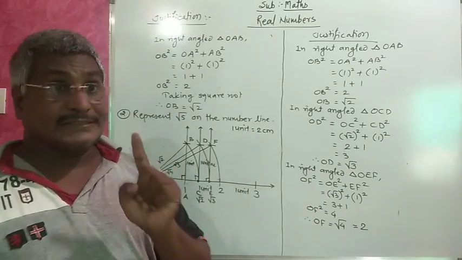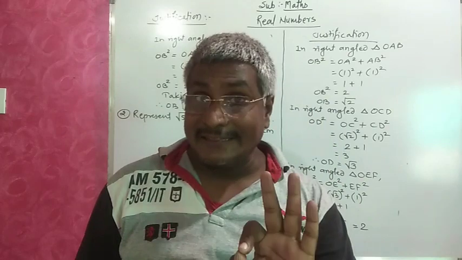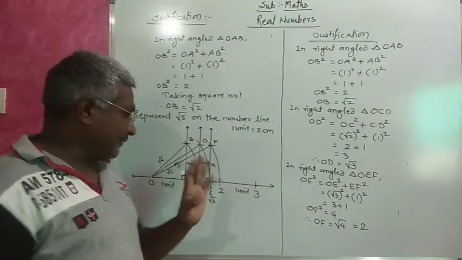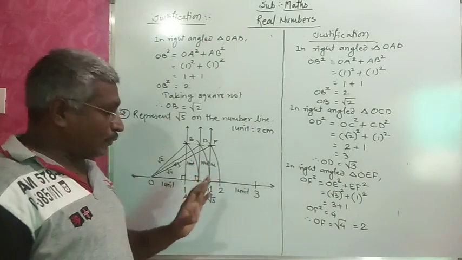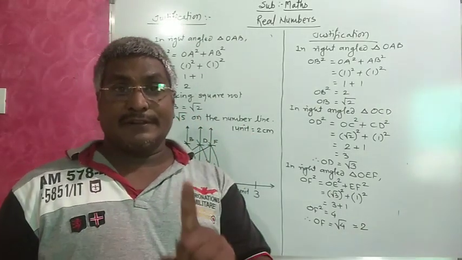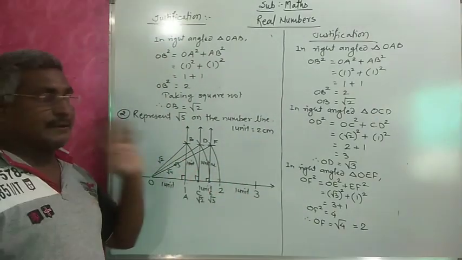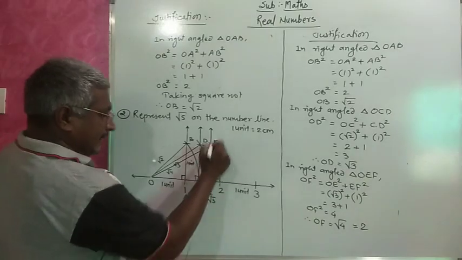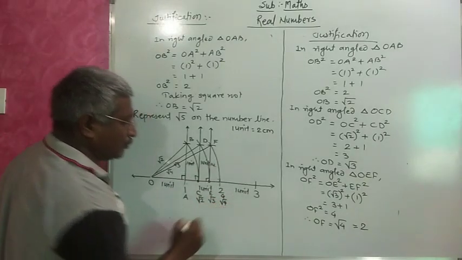So your pencil should be sharp. Line should be thin. Then you will get accurate results. Otherwise you will not get accurate, student. So while doing the construction, be careful. Each and everything should be proper. Then you will get correct measurement. Understood, student? So here G. So what is this? Root 4.